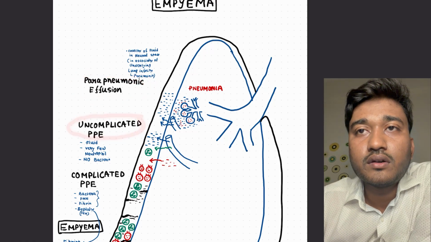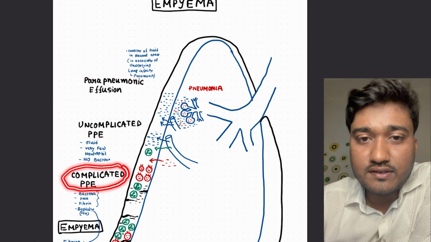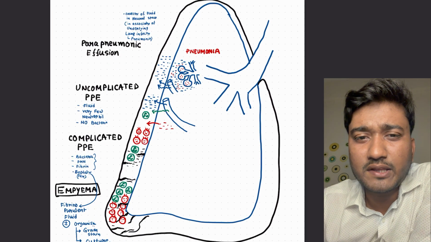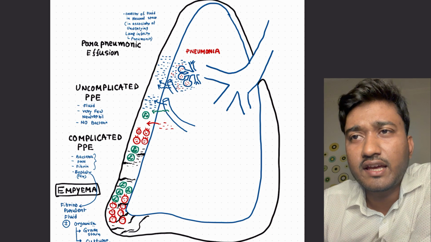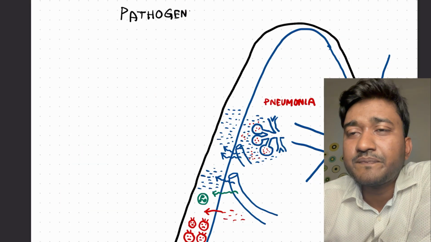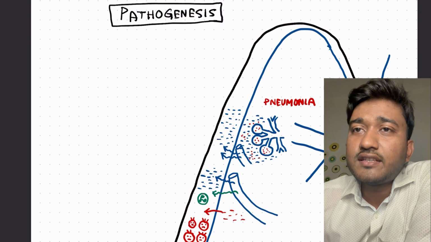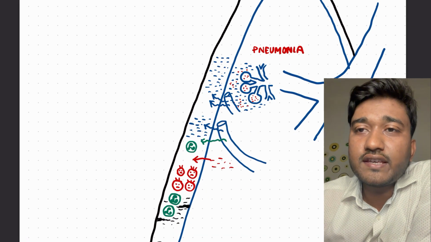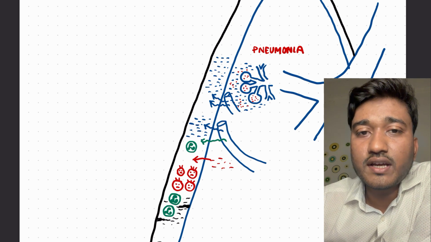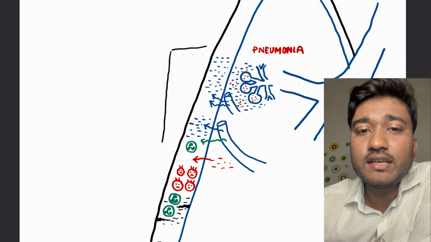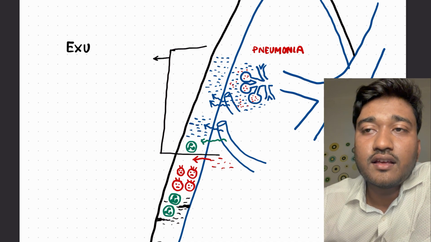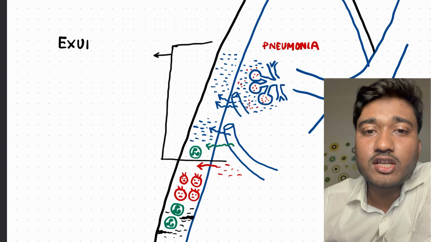Now let's talk about the pathogenesis. Once you know the sequence of events, it's very easy to understand the pathogenesis, because whatever I have already talked about is basically the pathogenesis. In the initial phase, because of pneumonia and cytokine release, only fluid and proteins leave the blood vessels and enter the pleural space.